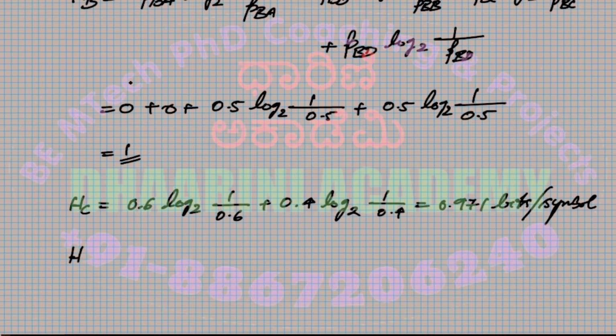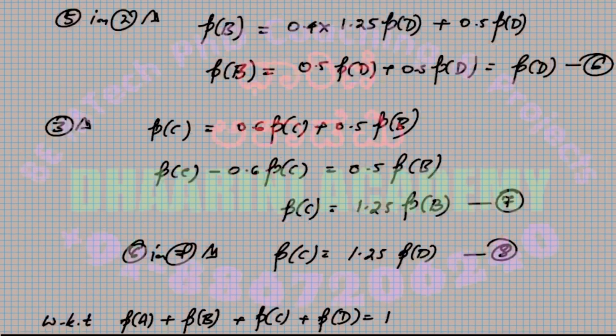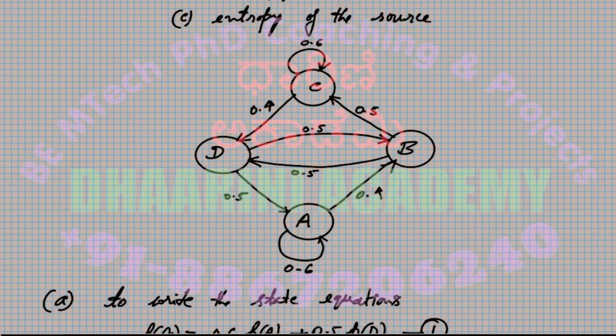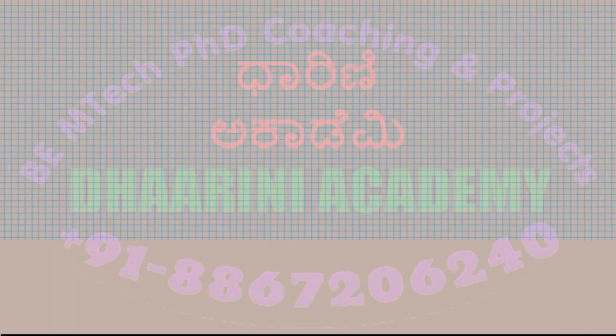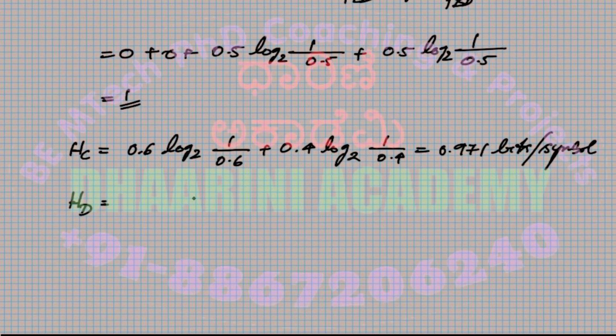Okay, HC is over, right? So we'll go to HD, that's the last state. So let's quickly check the state diagram. From D, I can move to A and I can move to D. Sorry, B. From D to B, D to A, we have. So both are 0.5. I think we get the same answer which we got for the previous case, that is HB.